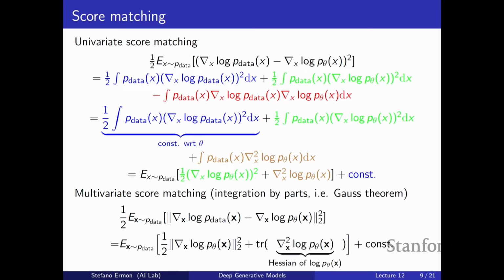And so the Hessian is this n by n matrix, if you have n variables, where you have all the mixed second derivatives. Partial derivatives of the log p theta x with respect to xi, xj for all pairs of variables that you have access to.